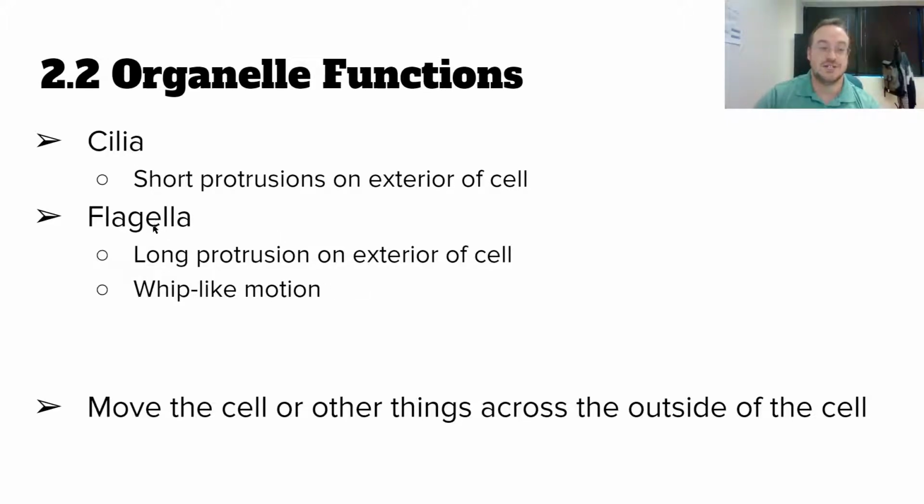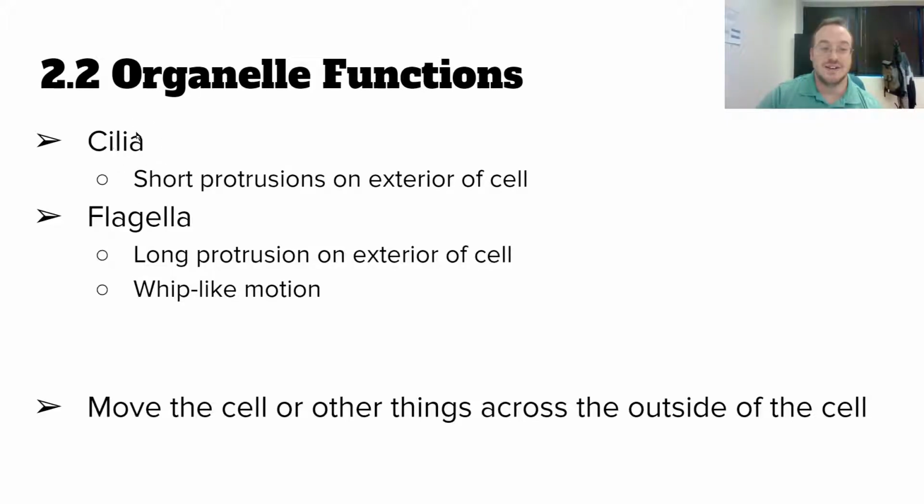Cilia and flagella. So cilia are short protrusions on the exterior of cells. They kind of look like hairs. And flagella, which are long protrusions on the exterior of a cell, they kind of look like whips or a tail. And they do this. Okay? So both of them allow the cell to move.